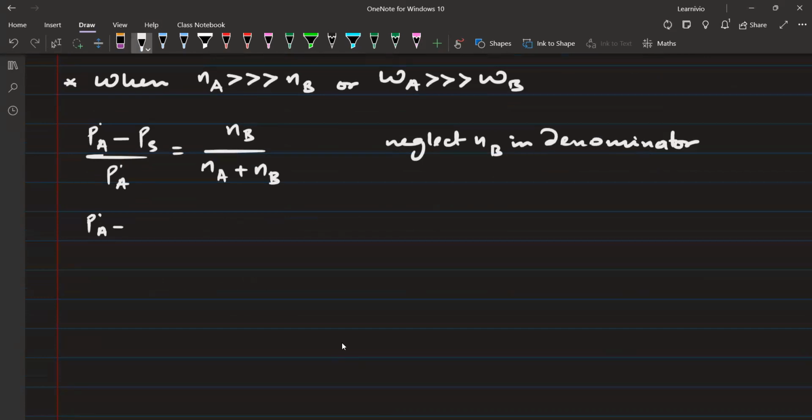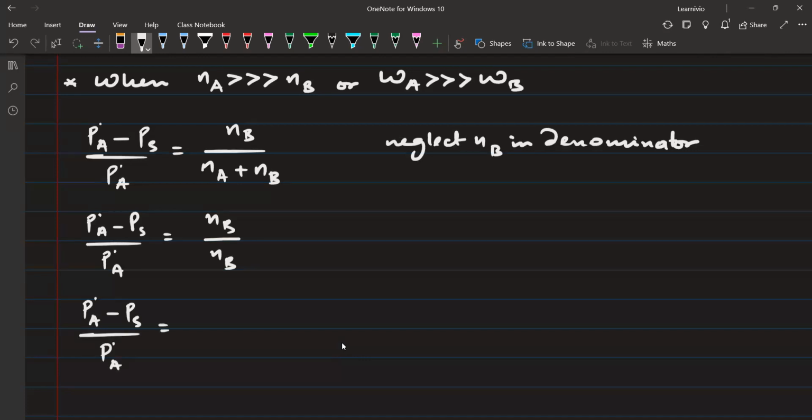You'll get P naught A minus PS upon P naught A, which will be equal to number of moles of solute divided by number of moles of solvent. Divided by P naught A is equal to mass of solute divided by molar mass of solute, and NB upon NB कर दिया, NB upon NA हो गया.